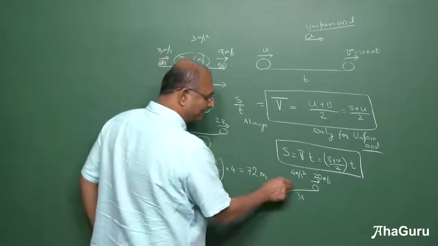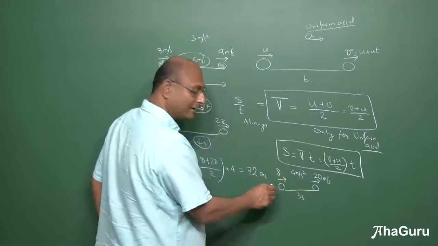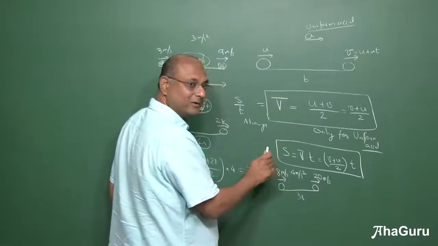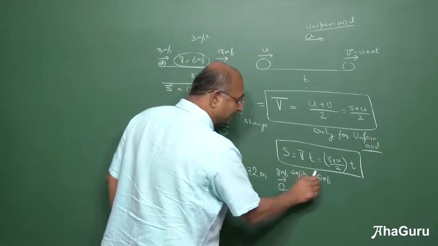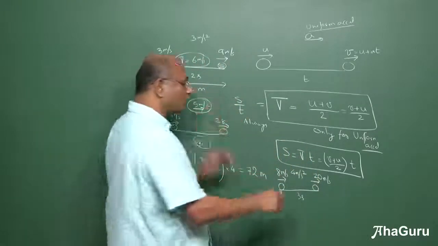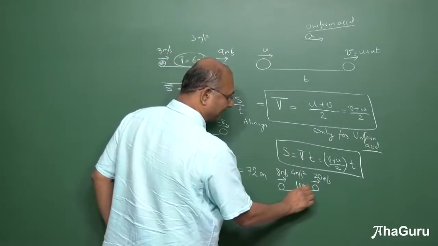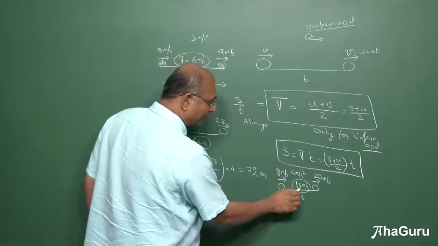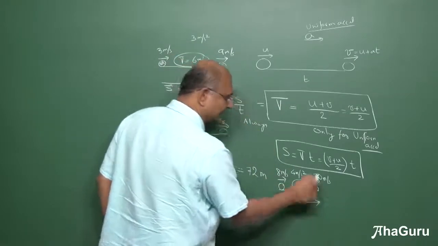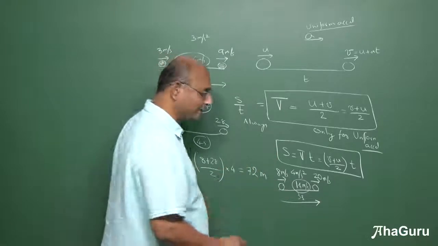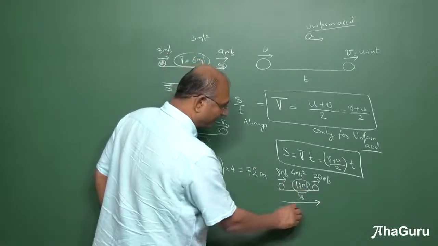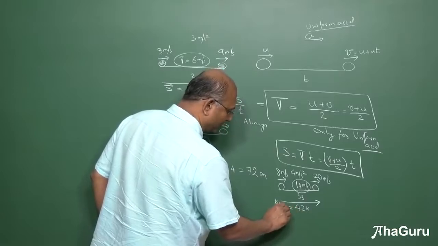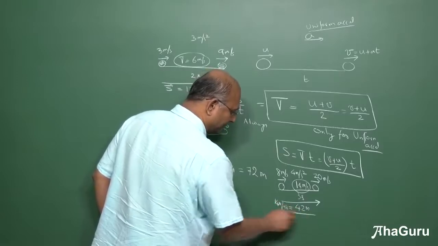So what do you think the initial velocity should be? 8. 8 meters per second, because 8 plus 12 will give me 20. Now 8 plus 20, 28 by 2 is 14 meters per second. That is the average velocity. So 14 into 3 will be our displacement. So how much is 14 into 3? It is going to be 42 meters, right? Because this is 14 into 3 seconds.